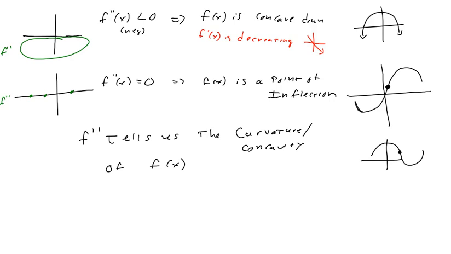F prime told us what direction the graph is going. F double prime tells us the curvature, the shape of the curve of f of x.